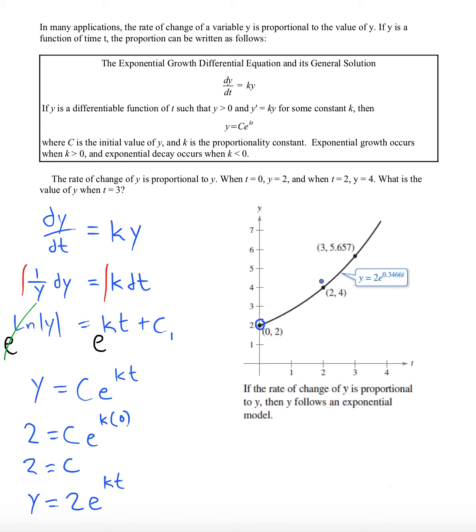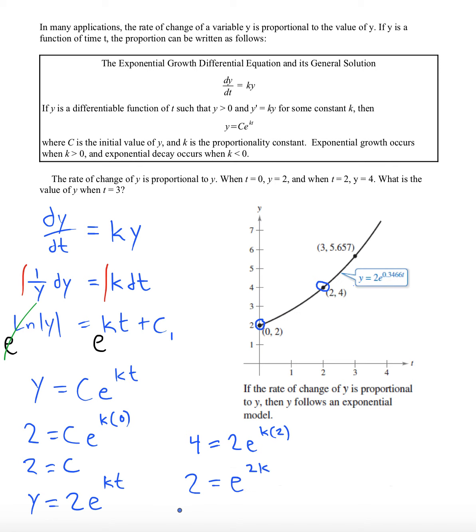Now I have to plug in another point on the graph, a t of 2 and a y of 4. And we should be able to solve the equation for k now. First I'll divide to get 2 equals e to the 2k.